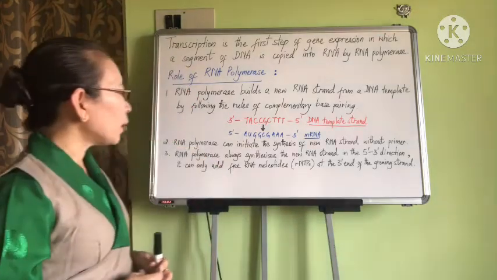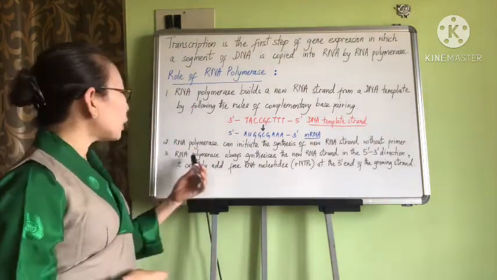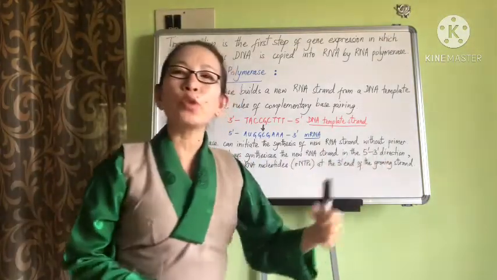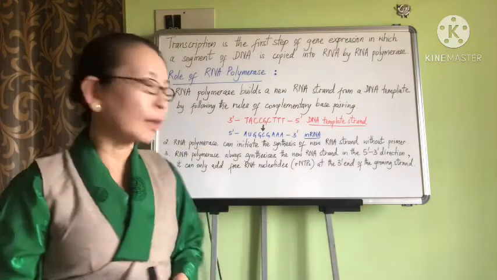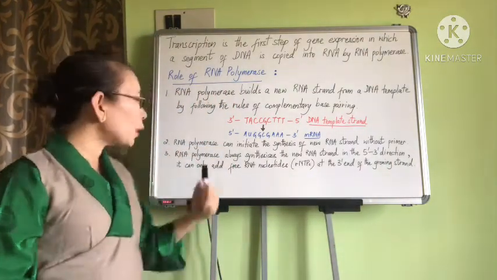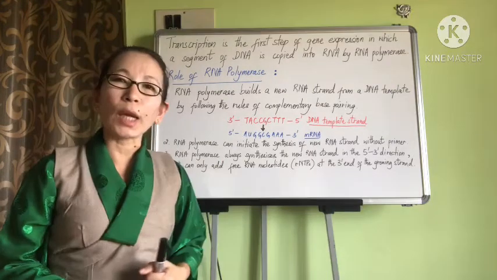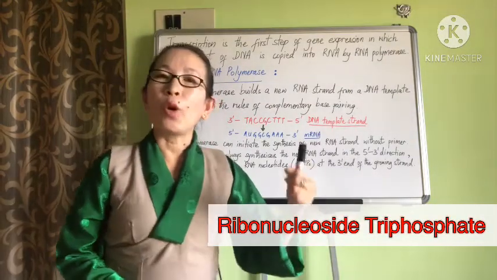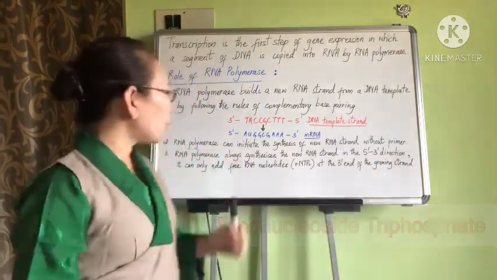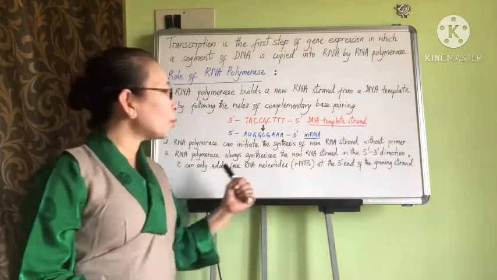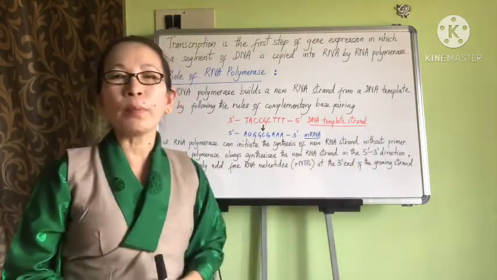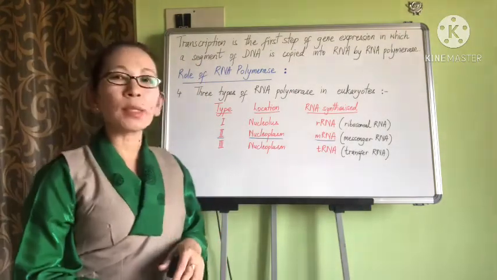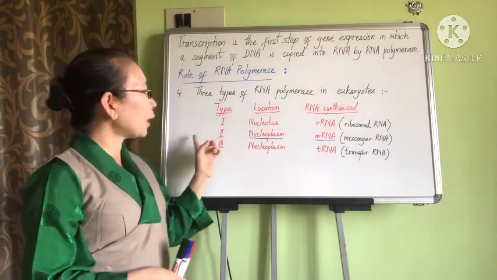And just like DNA polymerase, RNA polymerase always synthesizes the new RNA strand in the 5' to 3' direction, which is to say that the enzyme can only be adding free RNA nucleotides, which are also known as rNTPs, at the 3' end of the growing strand, and hence the new RNA strand synthesis will proceed in the 5' to 3' direction.